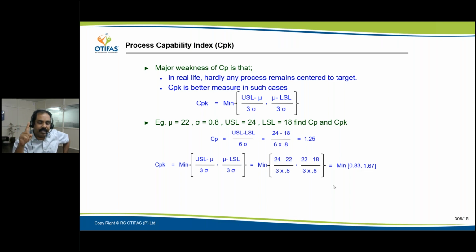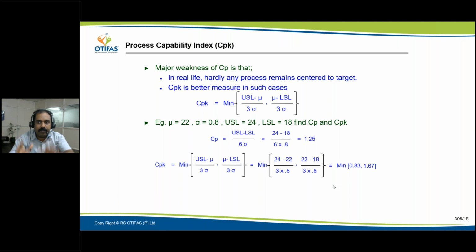When you do capability analysis, you get both CP and CPK values. Now tell me, can CPK ever be more than CP? No, never. CPK can never be more than CP. CPK and CP can be the same.